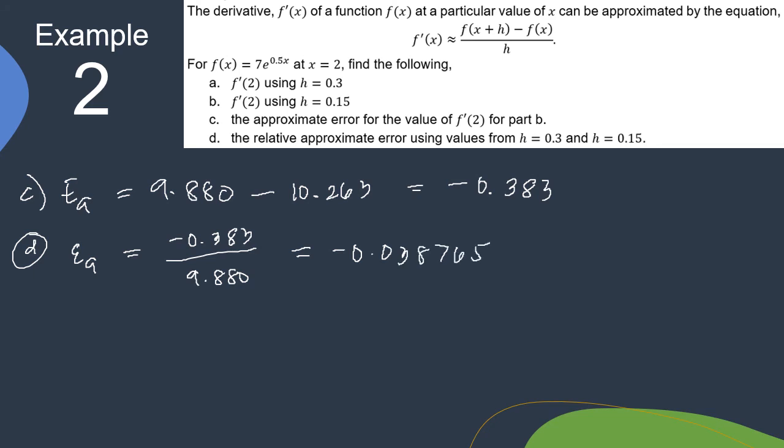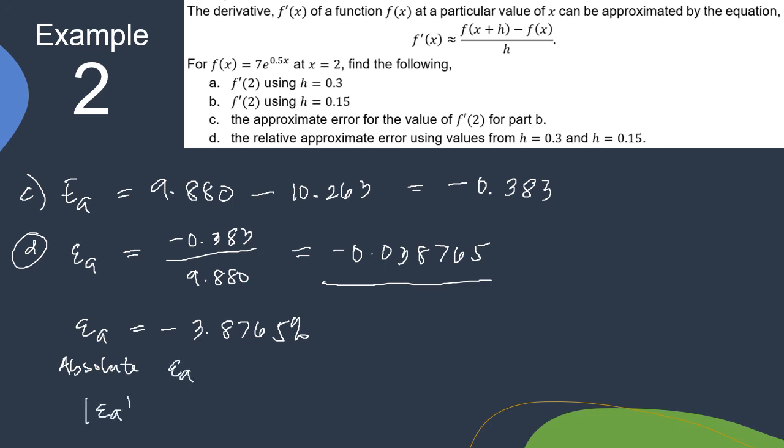And then as a percentage, your relative approximate error is equal to this one times 100%. We now have negative 3.8765%.